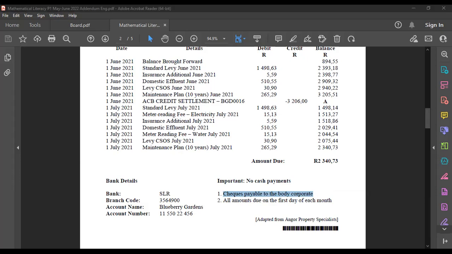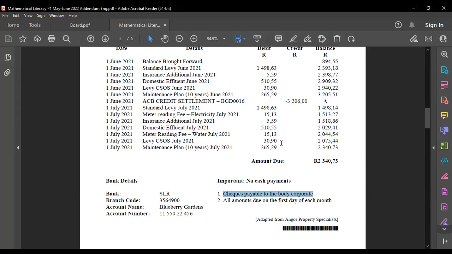Right, yes. The Blueberry Gardens have 49 units in total. Calculate the total amount collected by the body corporate if all the 49 units paid their levy on the 1st of the month. So that simply means, how many are they? They are 49 units. Each unit is going to pay, so let's go and see the amount.